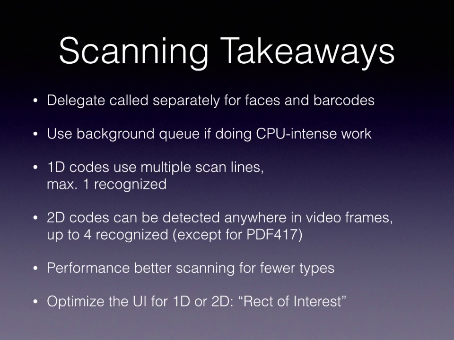Whereas with a 2D barcode, you might have a square that's overlaid over your video preview to communicate to the user, this is where you want to put the QR code in, so that it can be recognized.